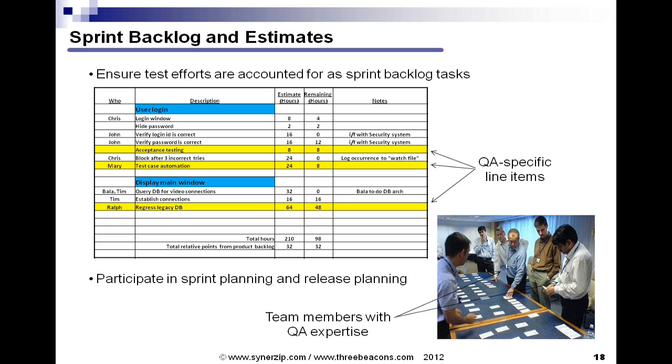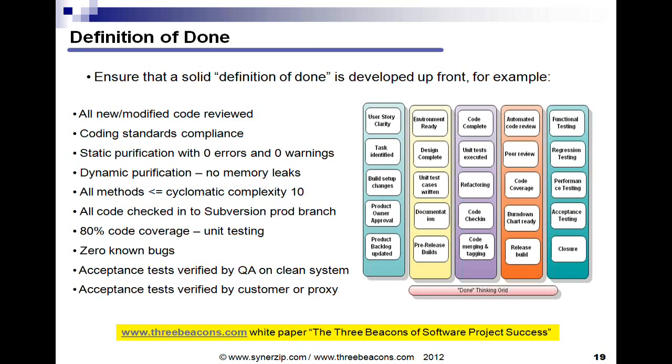The QA person should be extremely vocal in helping the team come up with a solid definition of done. This is an Agile technique that ensures a certain level of quality within each delivery to the customer, and prior to each project, the development team, which does include QA folks, should decide on their definition of done for the user story level.